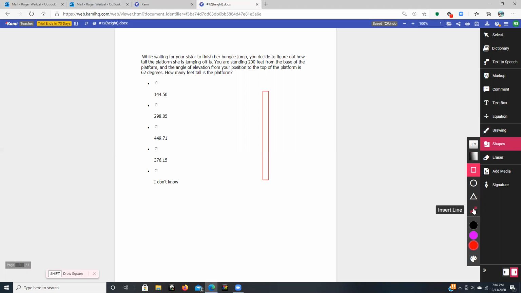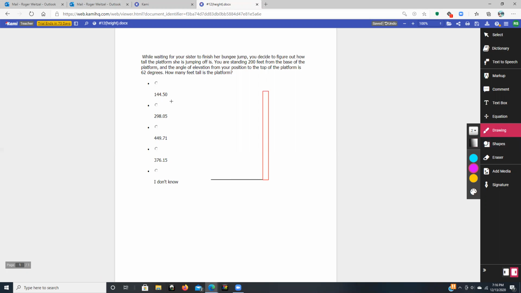So let's just draw in a line here. This right here is going to represent how far you are from the base of this. And let's just draw you right here. Okay, so you're looking up at this thing.